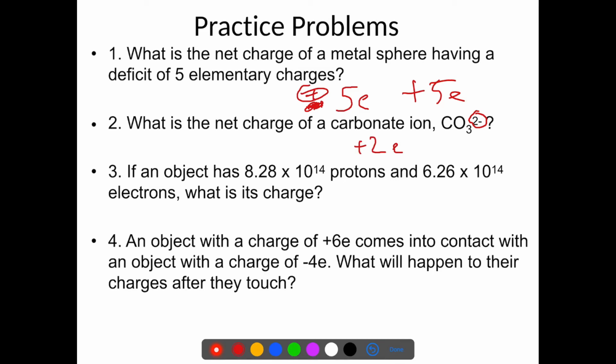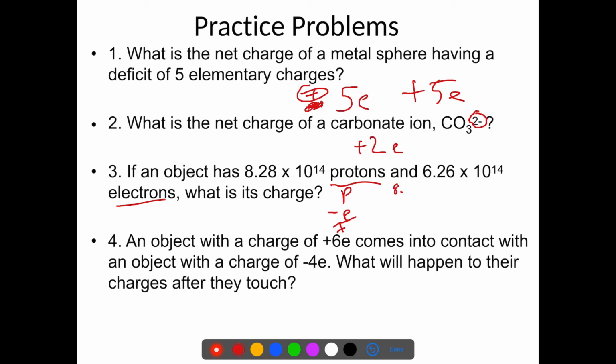Now for number 3, if an object has this many protons and that many electrons, what is its charge? I always like to do protons minus electrons, and then if you get a negative number, you know it's negative, or if you get a positive number, you know it's positive. But you should also just ask yourself, what do I have more of?